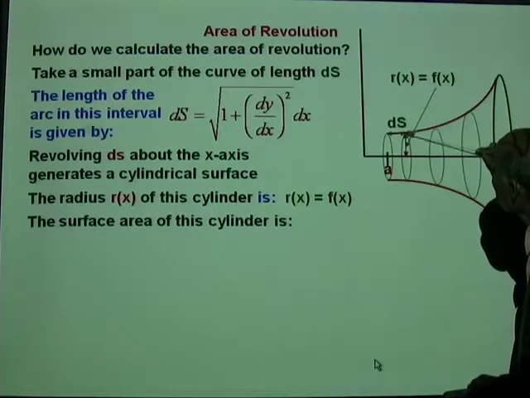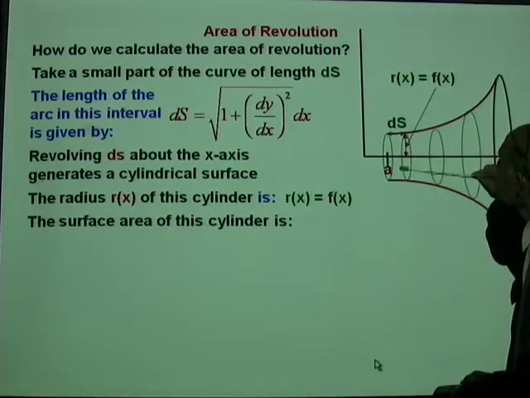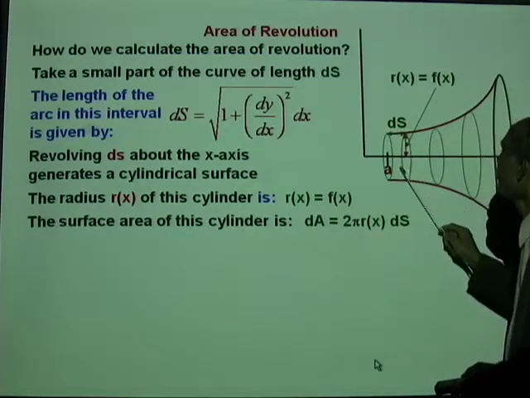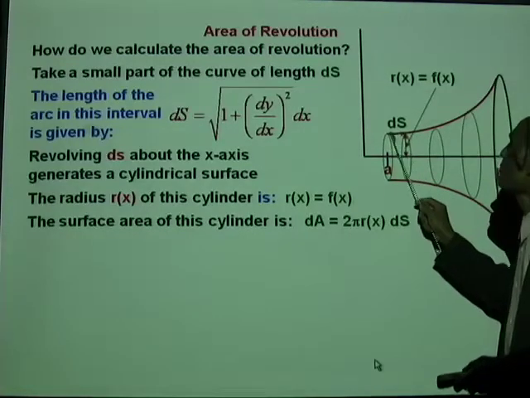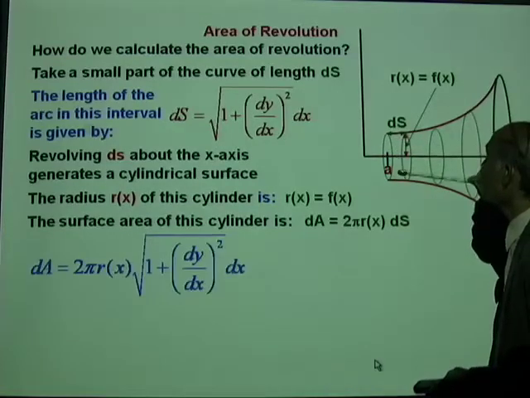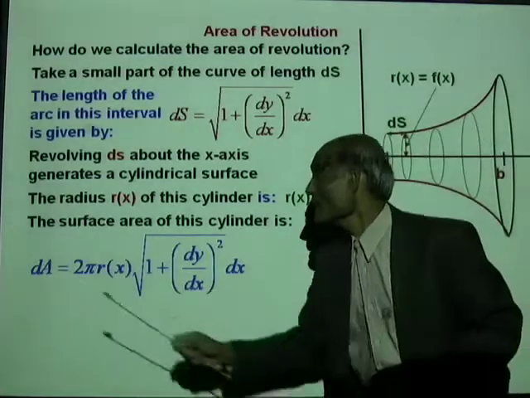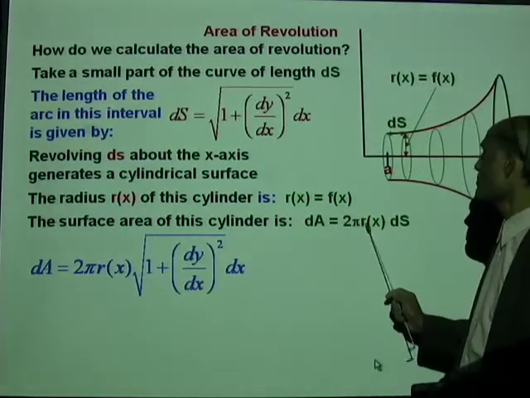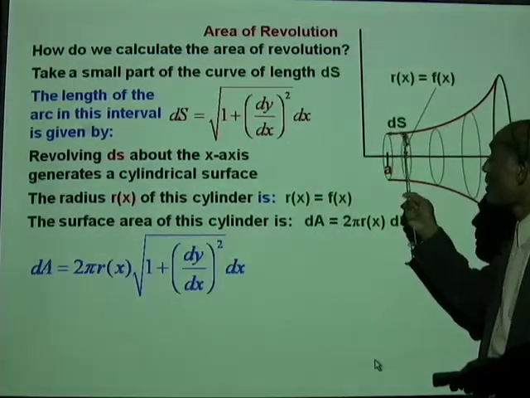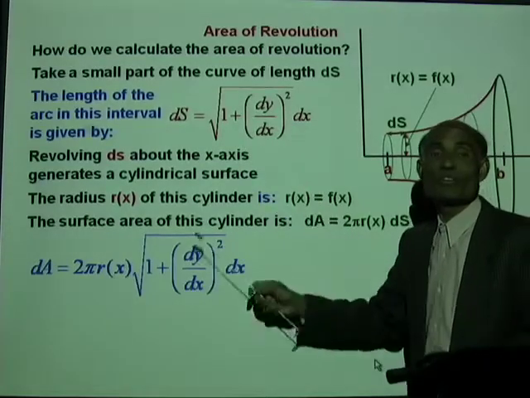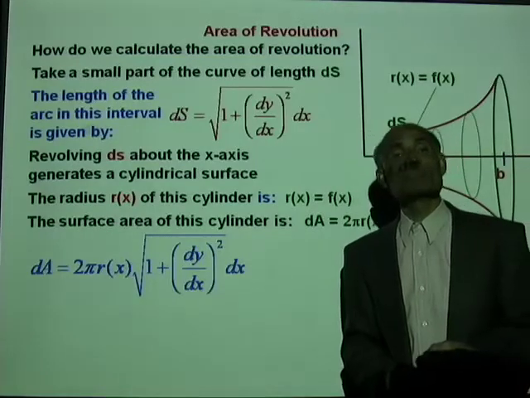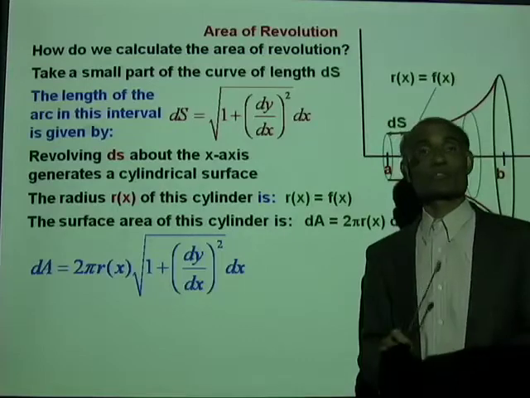The surface area will be the circumference multiplied by ds. 2 pi r of x is the circumference, multiplied by ds. Therefore, dA will be 2 pi r of x times ds. ds is the length of the arc, and the length of the arc is this quantity. So that will be 2 pi r of x square root 1 plus dy by dx all squared dx.